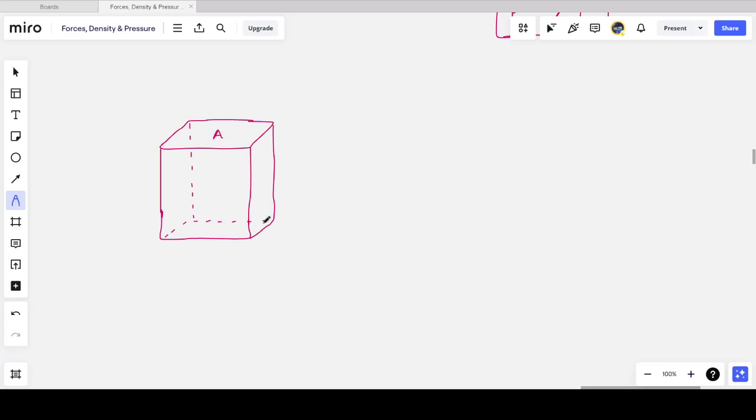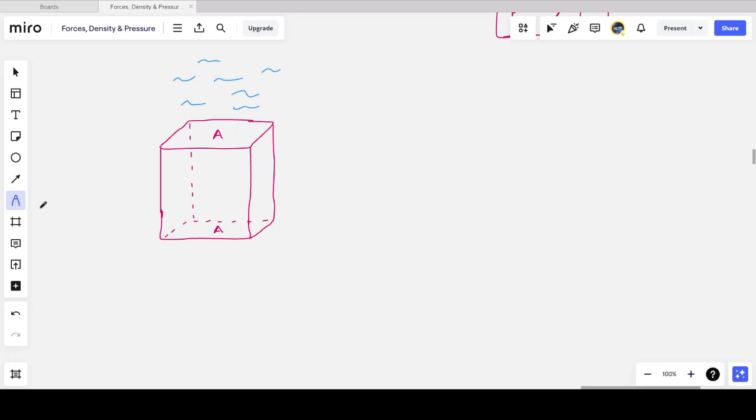The top face of this box has a surface area A, and the bottom face of the box also has a surface area A. Even though it doesn't look like it, it's boxy enough. But I take this entire box and I again place it under water. I submerge the entire box.